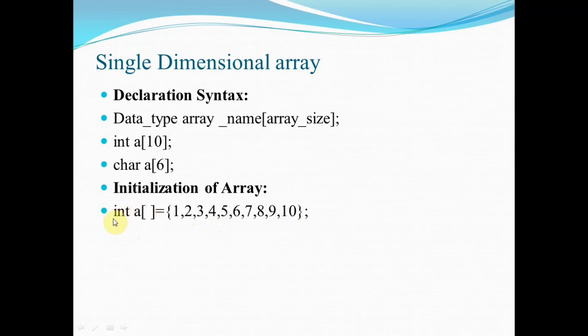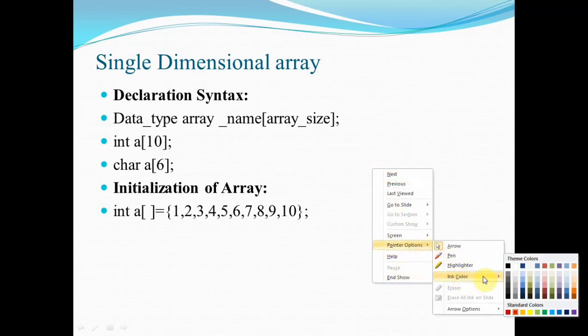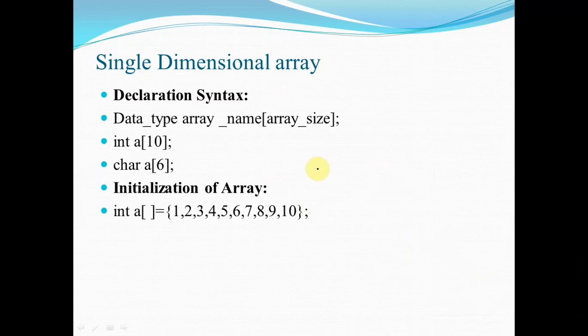Now remember, whenever memory gets allocated to this array, how does it look like? I will draw one simple diagram for showing the memory allocation for this single dimensional array. Consider that this is array A which is going to store the numbers from 1 to 10.